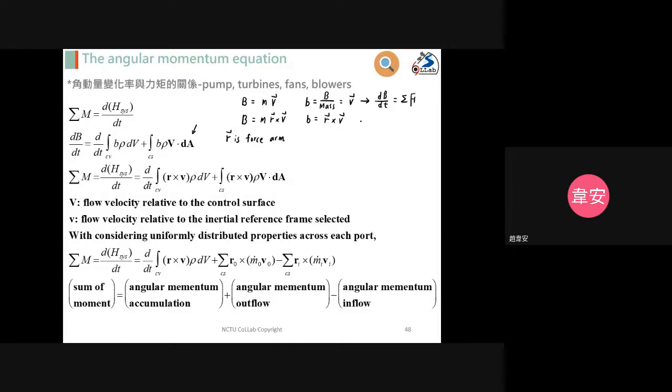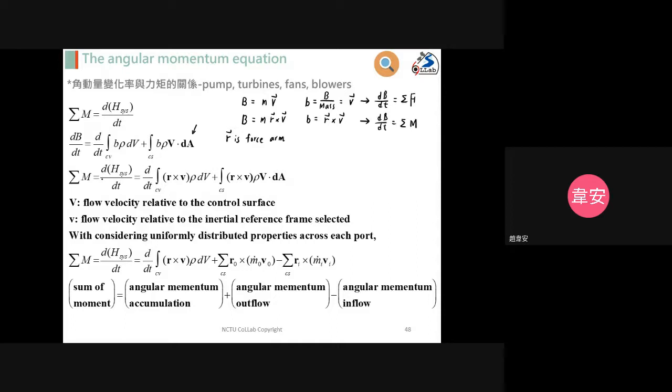And for the angular momentum equation, the dB/dt will equal the sum of the moments, because we have the additional force arm cross the velocity, cross the momentum, and then we have the sum of the moments.